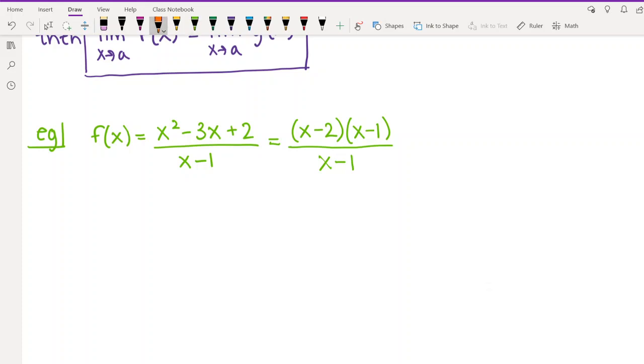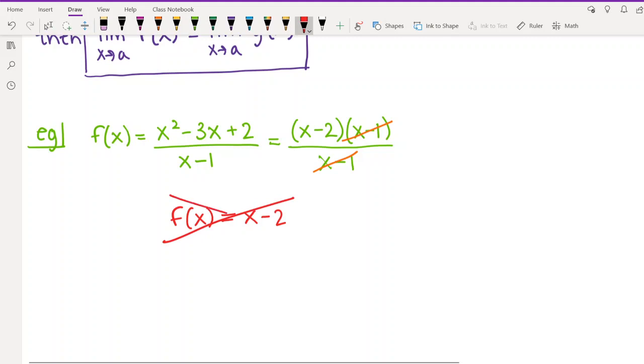And this x minus 1 and this x minus 1 can cancel out. However, I just want to make it really clear that when you cancel a common factor like that, you actually are slightly changing the function. So it would not be correct to say f of x is equal to x minus 2.